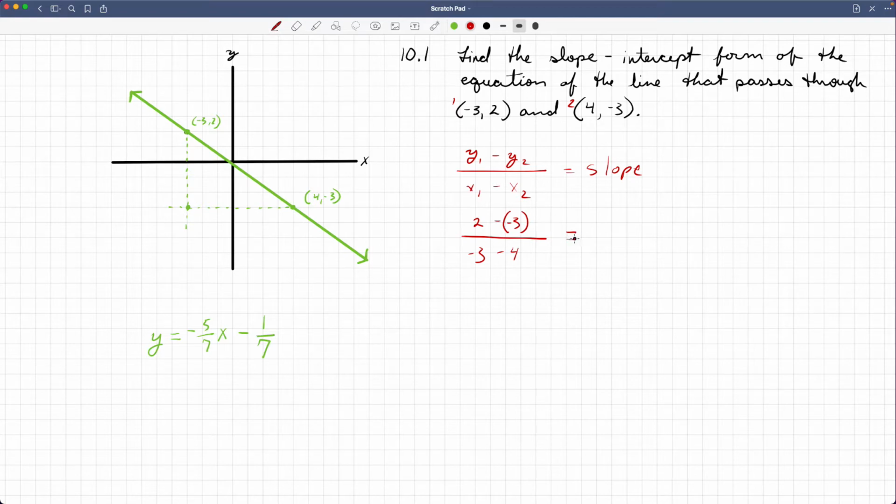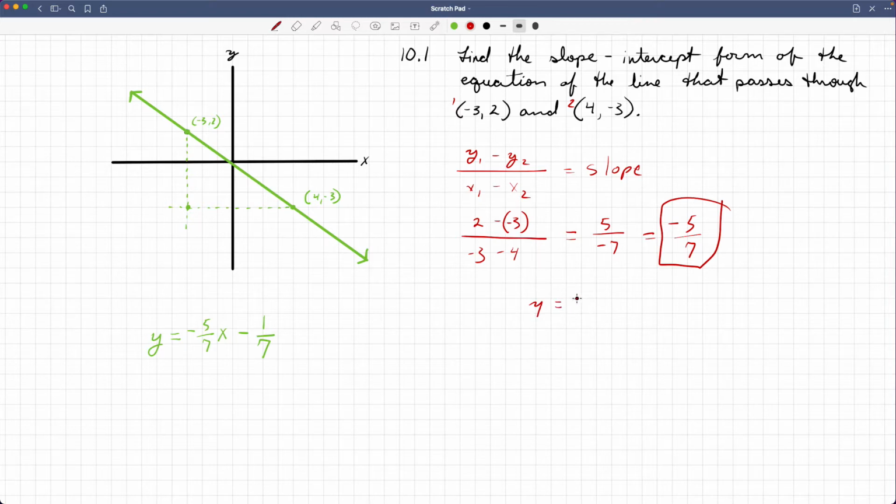So that is going to equal 2 minus -3 is a +5, and -3 minus 4 is going to be a -7. We know the denominator can never be negative, so we move that up to the top, and that's negative 5 over 7. And we do have a negative 5 over 7 slope right here. That matches.